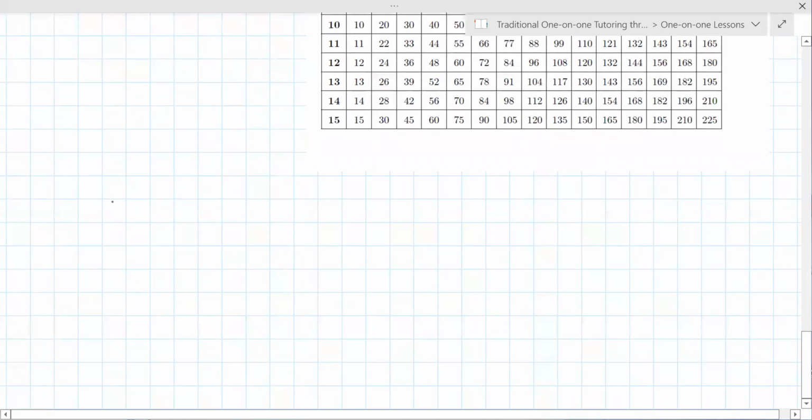Let's do 12.66 divided by 0.3. Okay, now before you jump into this problem, I mentioned in the previous problem you always want this number to be a whole number.